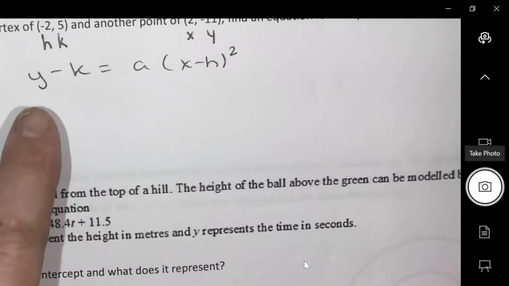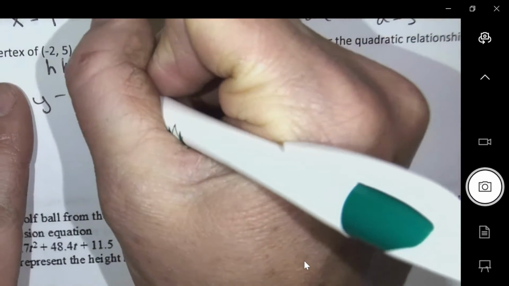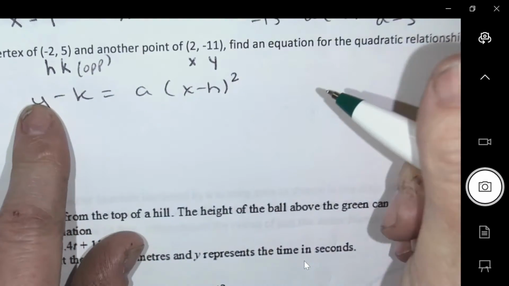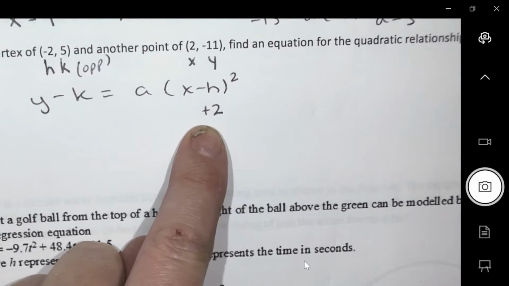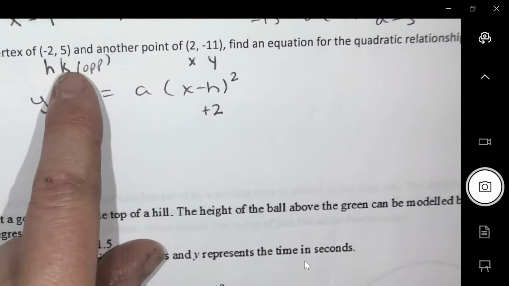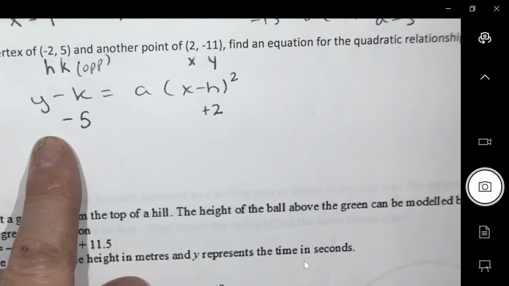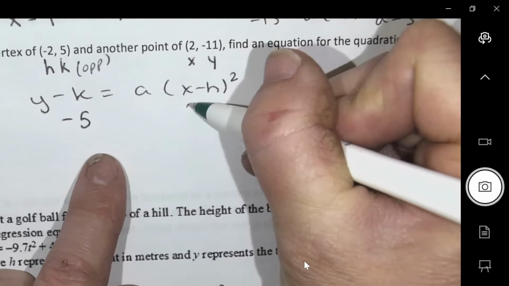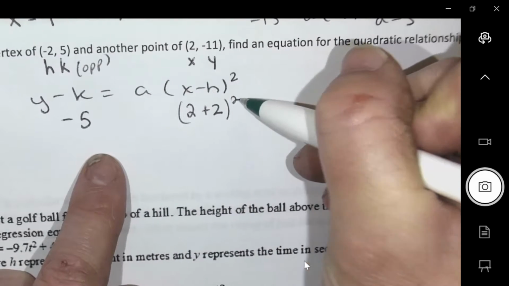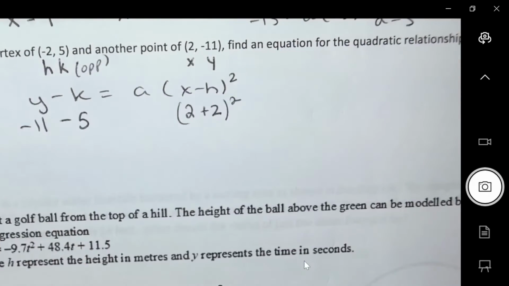Okay, so where are you going to plug the vertex HK in? So opposite. Remember, this has to go in opposite. So the H is now going to read +2, and the K is going to read subtract 5. The X gets replaced with 2, and the Y gets replaced with a -11.